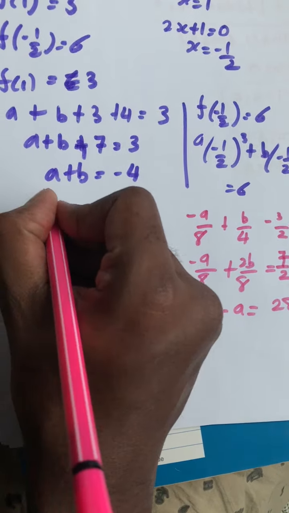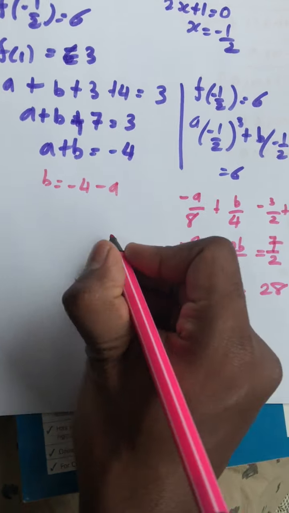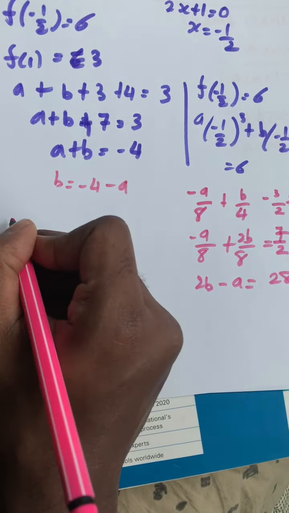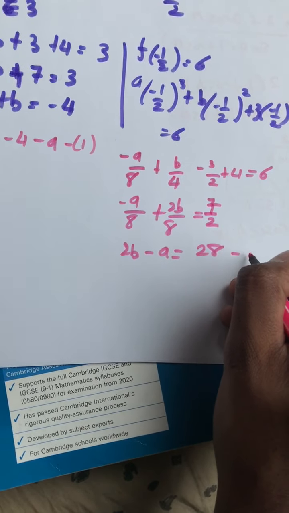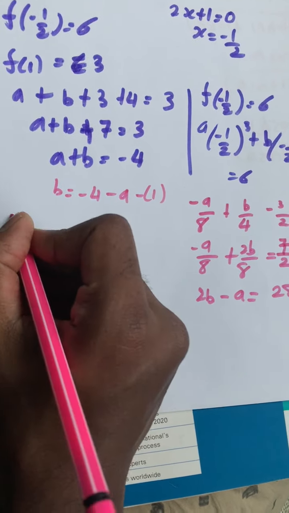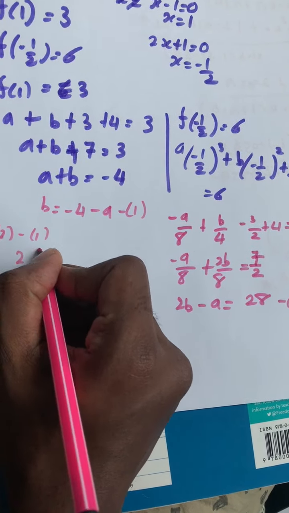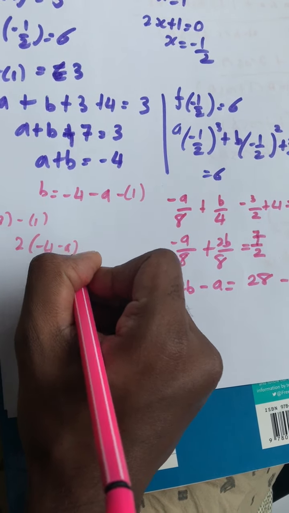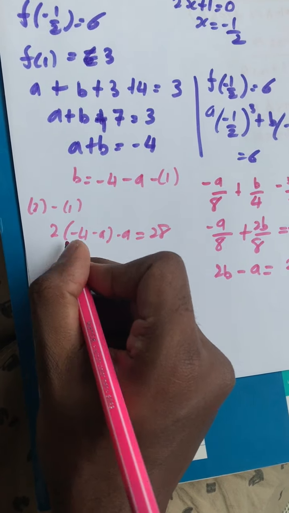So what we do, we make b the subject: b equals negative 4 minus a. I'll take this and put it inside here. You can label them equation 1 and equation 2. So substitute 1 into 2: 2 times negative 4 minus a equals 28.